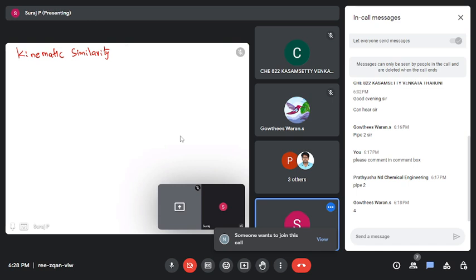The third type of similarity is dynamic similarity. For following dynamic similarity, the ratio of forces should be equal.